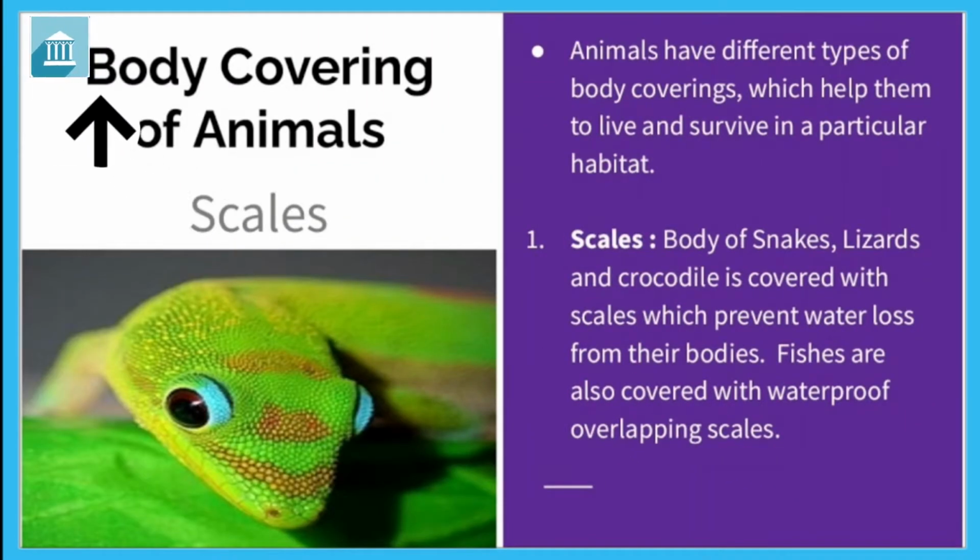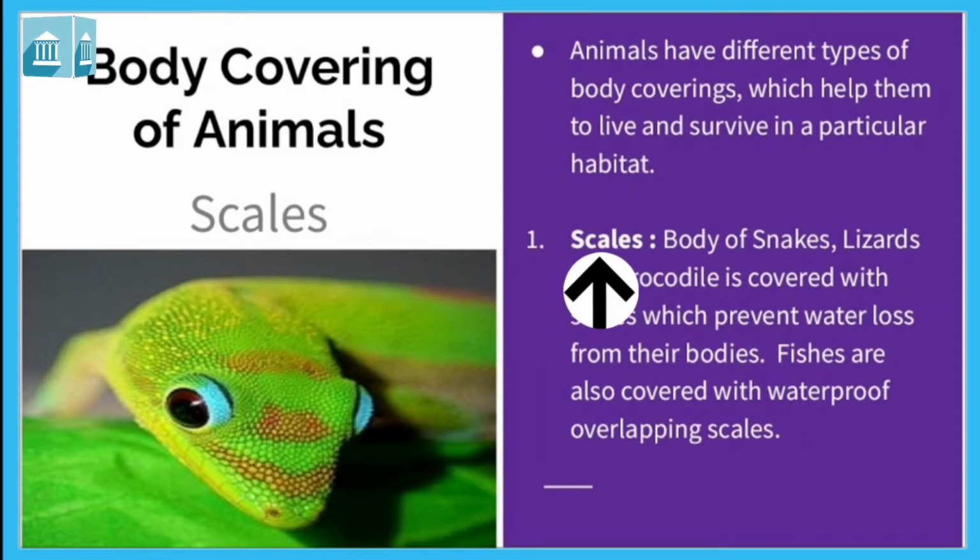Now the second topic is body covering of animals, and the subtopic is scales. What is scales? Animals have different types of body coverings which help them to live and survive in a particular habitat.